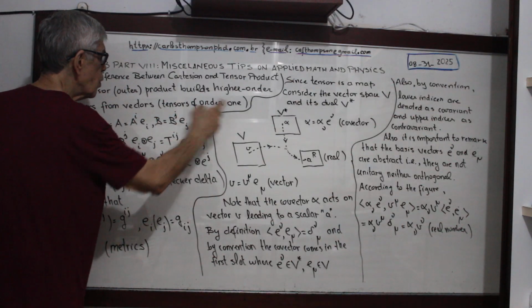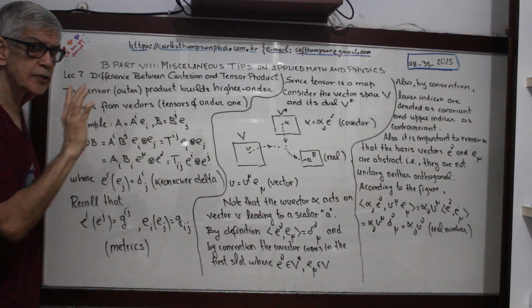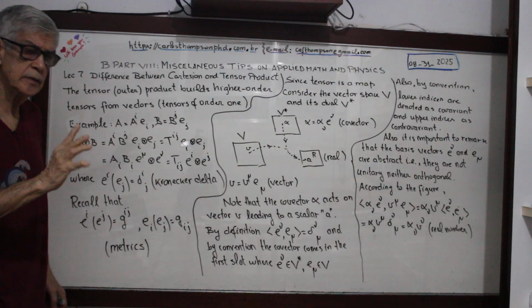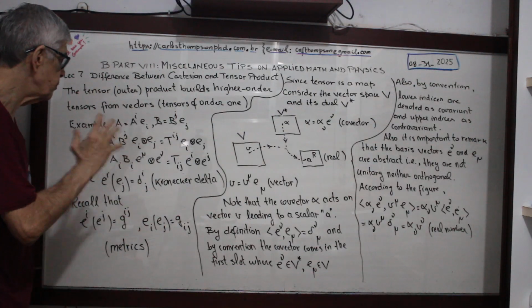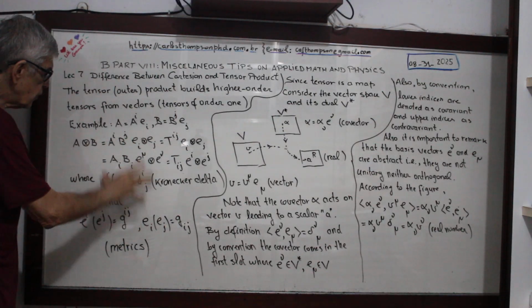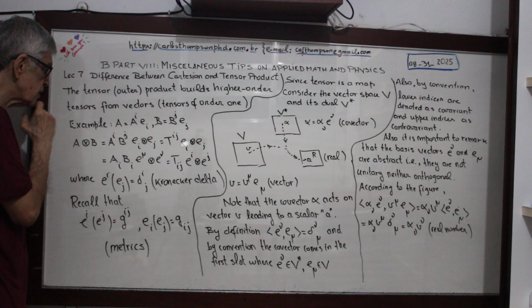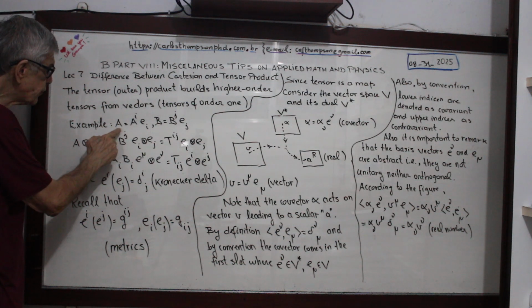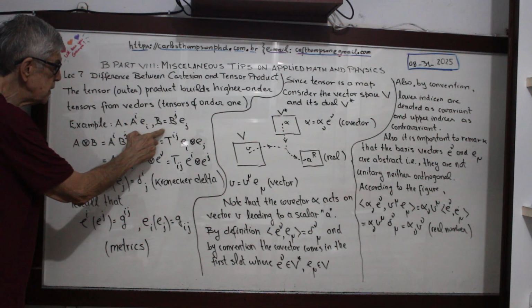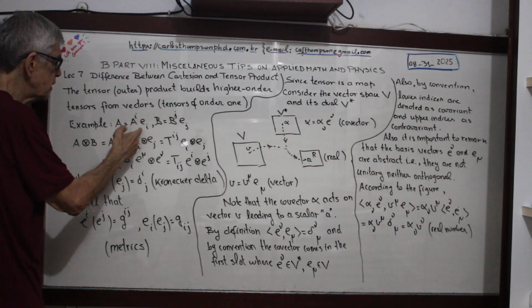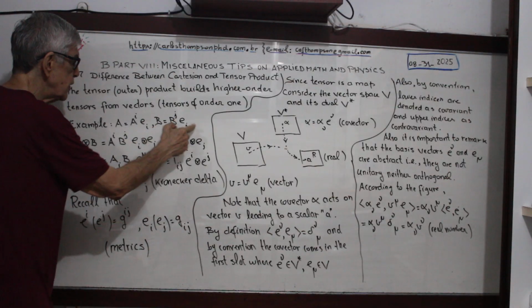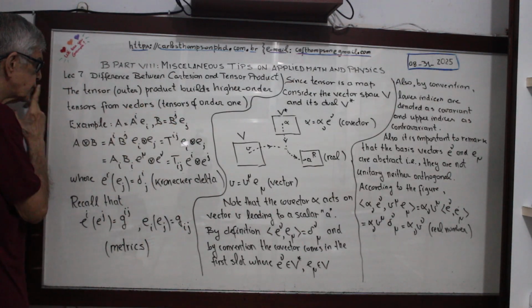Vectors are tensors of order 1, scalars are tensors of order 0. That's important. Now let me give an example, just to clarify. Let A be a vector and B also a vector, with components A^i e_i and B^j e_j.